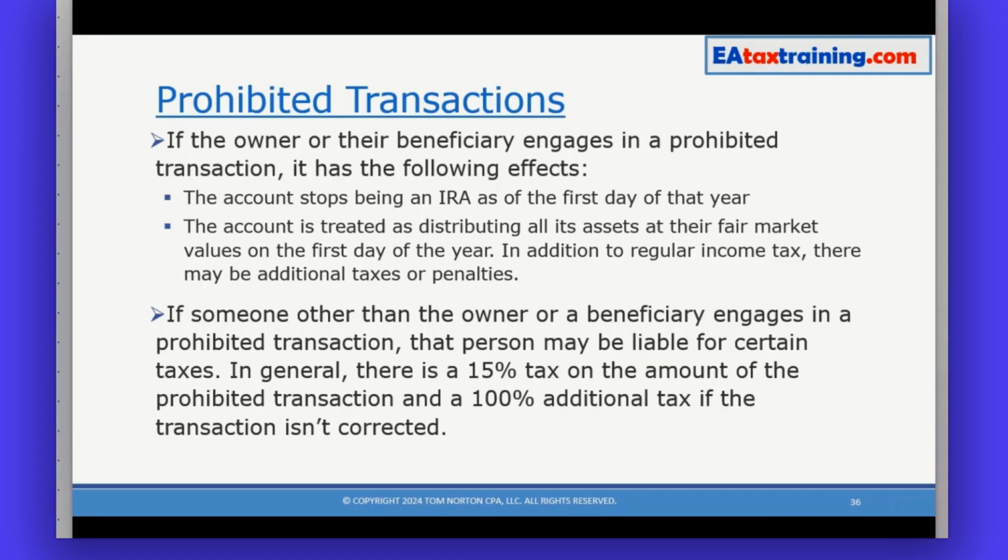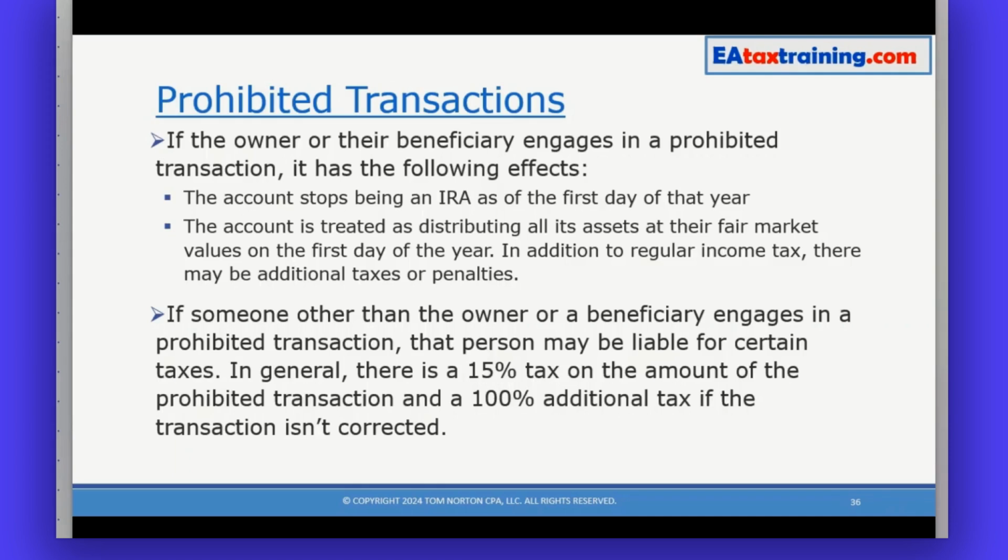If someone else, other than the owner or the beneficiary, such as the fiduciary, engages in a prohibited transaction, then that person may be liable for certain taxes. And in general, there's going to be a 15% tax on the amount of the prohibited transaction and a 100% additional tax if the transaction is not corrected. So this is usually going to be the fiduciary.